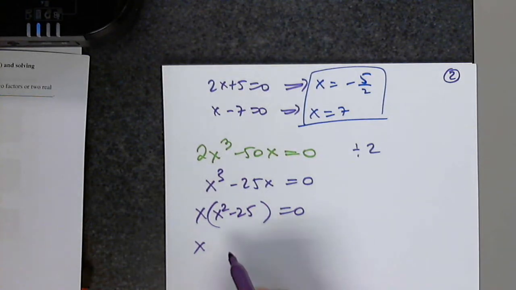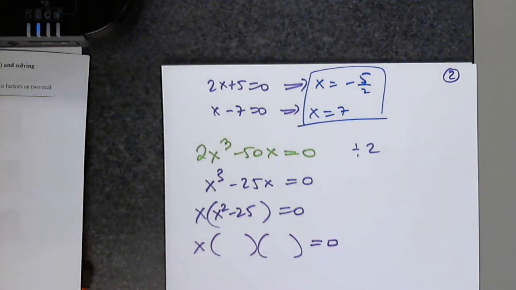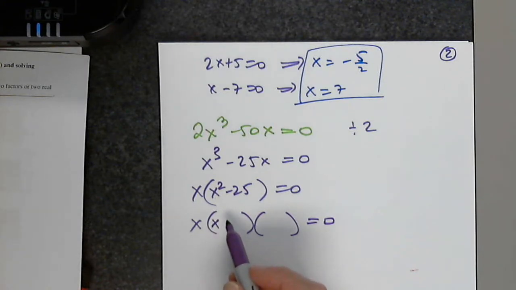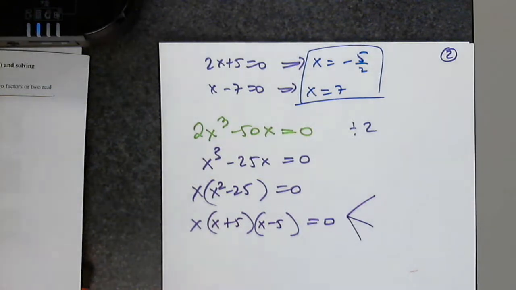The difference of squares. Indeed. Once you say the difference, I have to have a binomial times another binomial. And one of them is x plus 5 and x minus 5. Excellent. So now can anyone give us those three solutions? That's it. Very good.